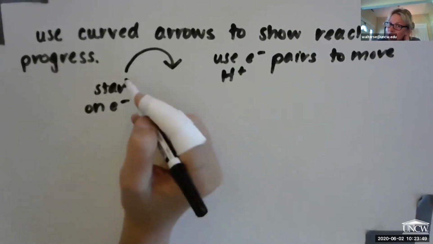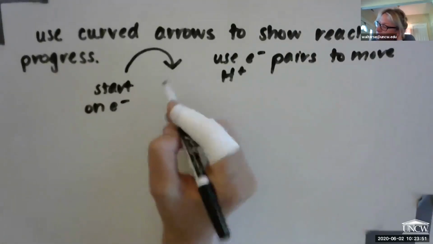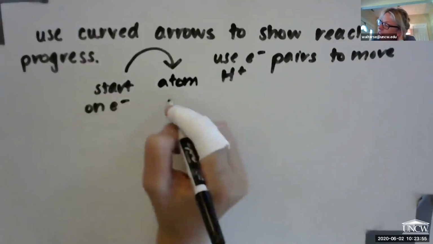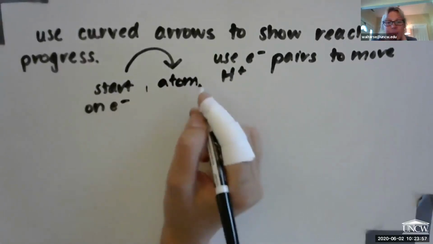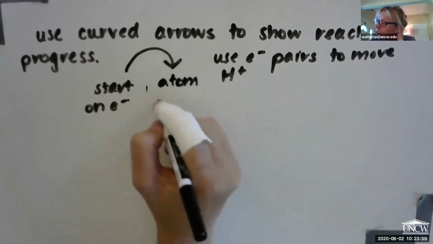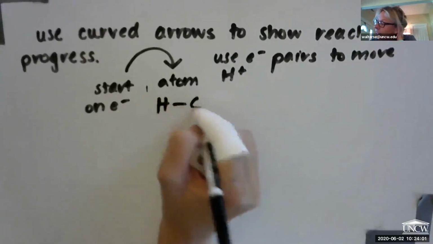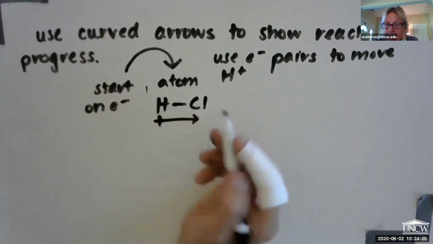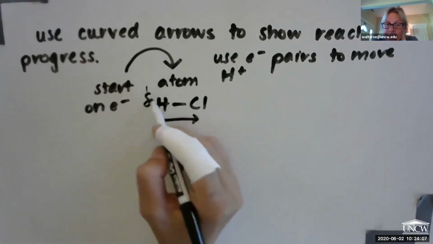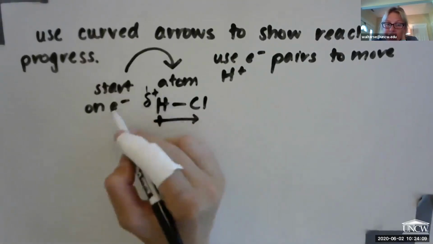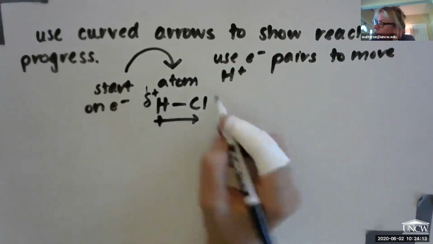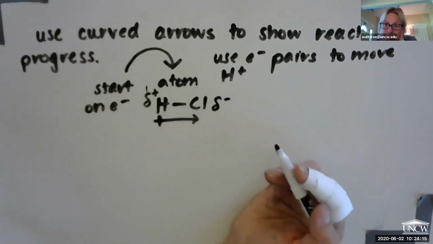Pi bonds or lone pairs, and they're going to go to an atom. So we're going from a negative region to a region that may be positive. And if you look at something like HCl, it has a dipole moment like this, where the hydrogen is partially positive, so the electrons can go and grab a partially positive hydrogen. Chloride is partially negative.